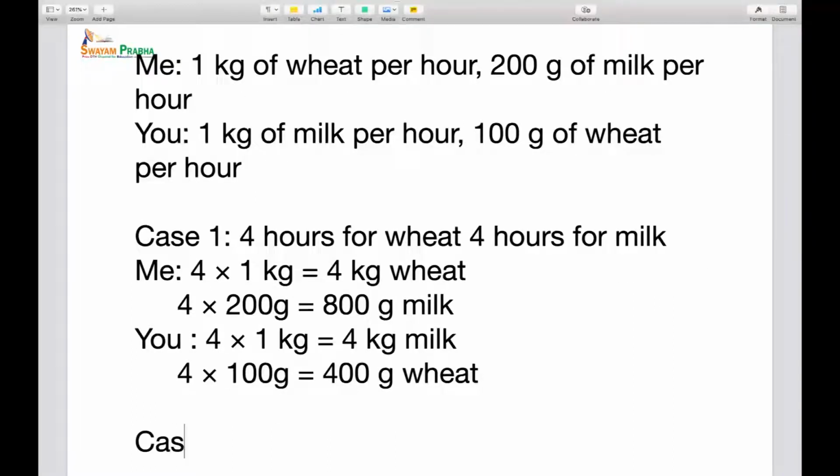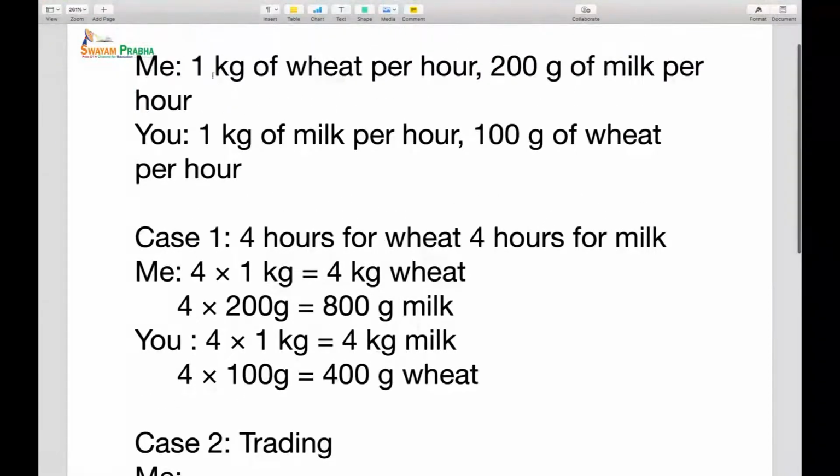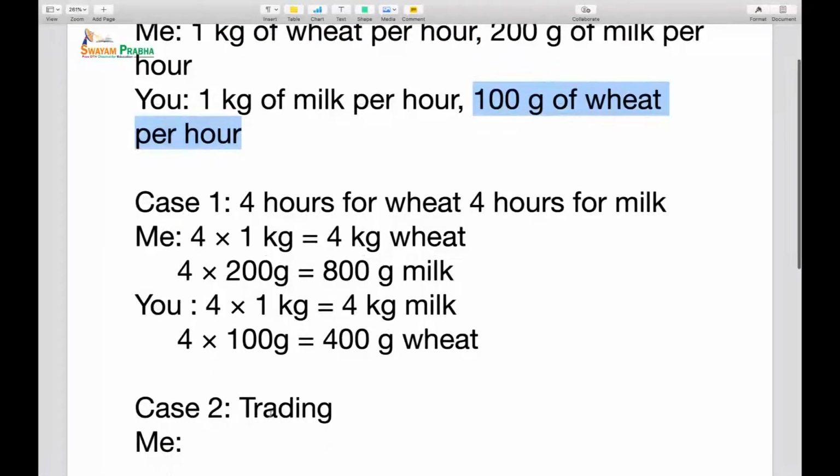Now let us look at the second case. So case 2 is with trading. In this case, because I can make more wheat per hour as compared to you, let me use all 8 hours to make wheat only.